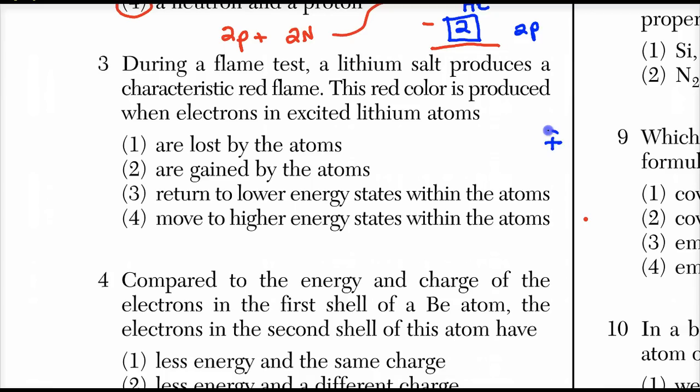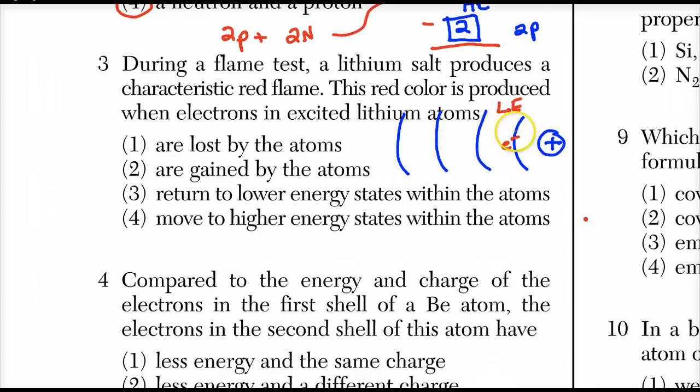So in any case, here's a positive nucleus, and here are my energy levels. And what we should know is that electrons that can exist or do exist closer to the nucleus, if you remember, are going to have lower energy. Now, some people say they lose a lot to get to this position, but for the Regents level, we're going to say they have lower energy.